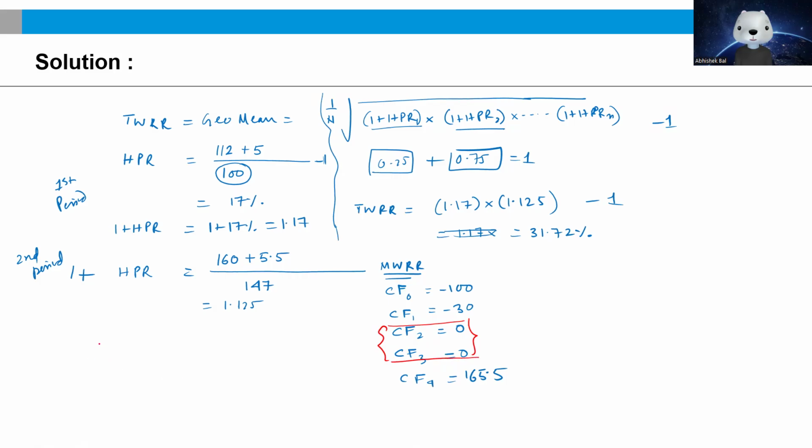As I said before, the TWRR is insensitive to the amount or the magnitude of the return being made. Secondly, it is actually the linked internal rate of return, which is nothing but the geometric mean of the chain-linked return, which again does not depend upon the time period.